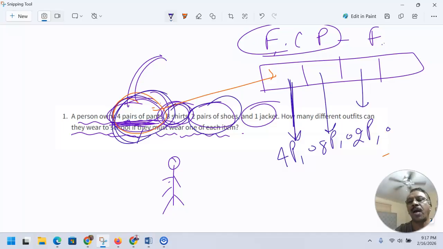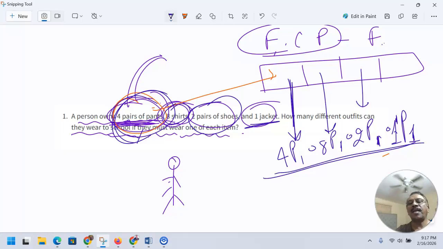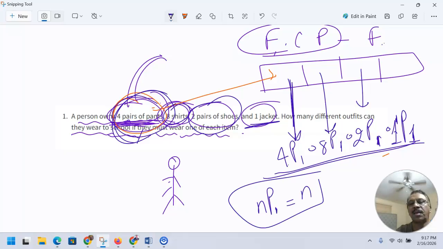Because you are selecting only one, that's why it's 1, 1, 1. And there is one jacket, so it is 1P1. It's the same thing actually. The formula always says that if you have nP1, it is just n. So this is a formula to be remembered.